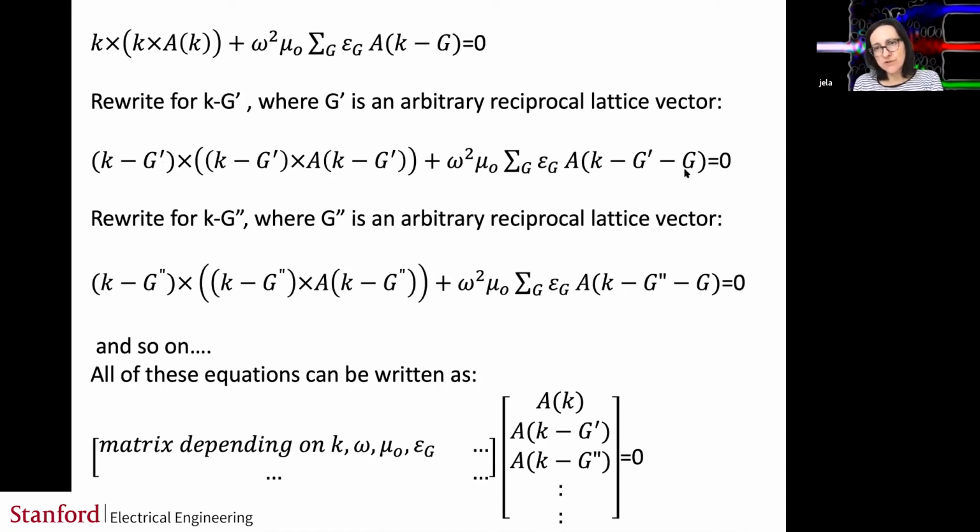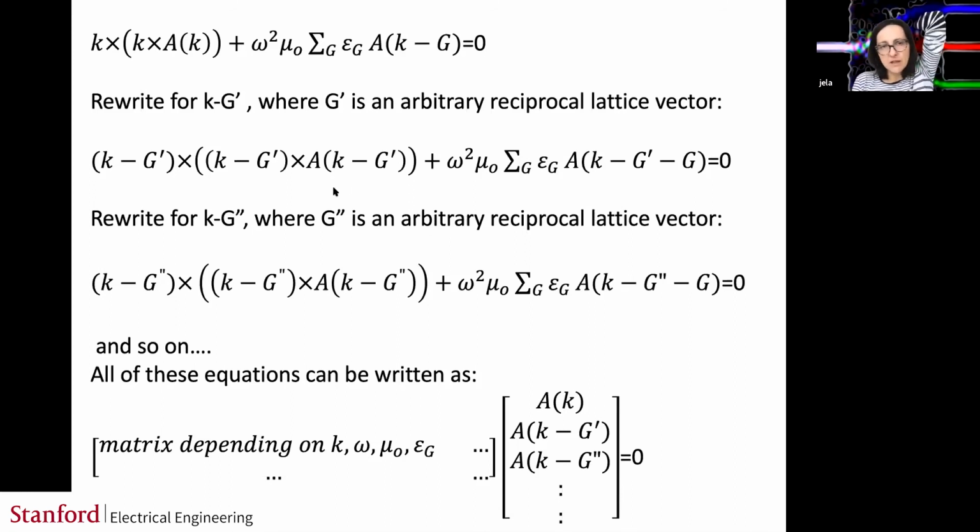And when you look at this equation, it has inside of it again the same set of A's as the first equation, because they're just translated by G prime, but it's the same reciprocal lattice, just translated by G prime, which is also a reciprocal lattice vector. So if you take a reciprocal lattice translated by any reciprocal lattice vector, it's the same lattice. Is that making sense? So it's the same set of A coefficients.